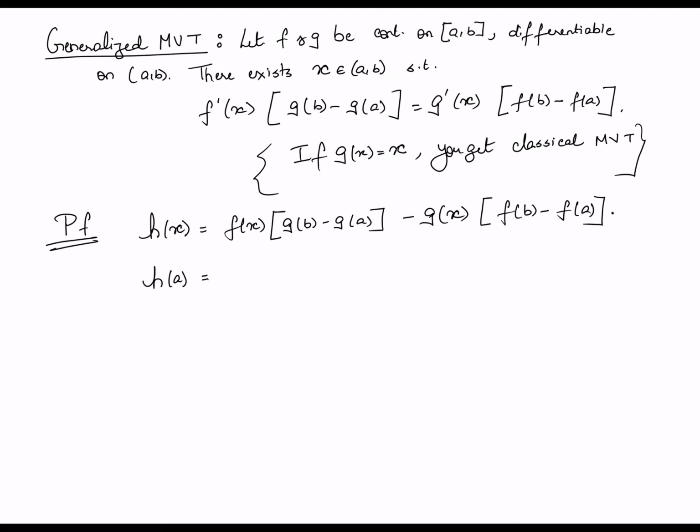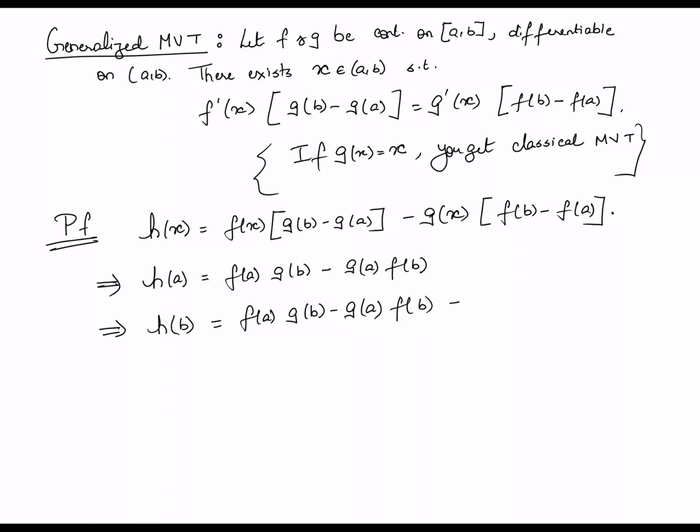With a little bit of algebra, you should be able to see that h of a is equal to f of a times g of b minus g of a times f of b. Right? Similarly, I leave it to you to check that h of b is in fact also the same thing, f of a times g of b minus g of a times f of b, which is h of a. Okay, both of these in fact are consequences of the definition of h.